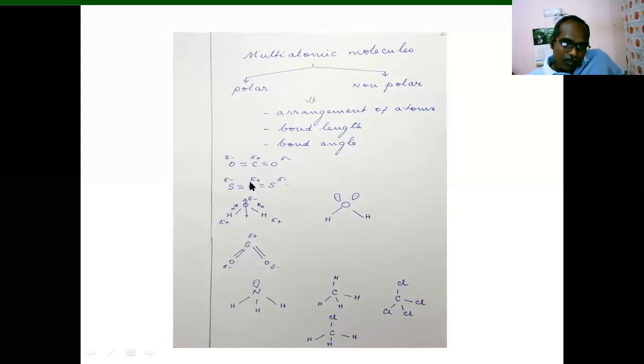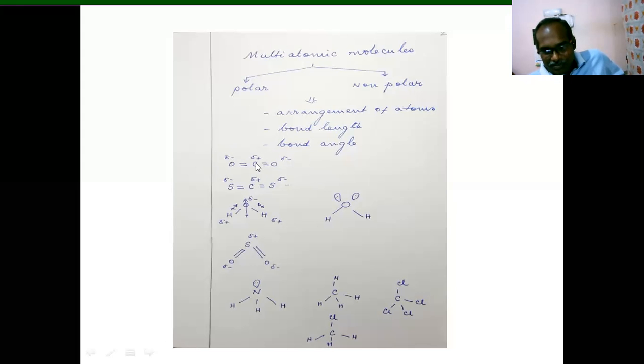The zero dipole moment of a carbon dioxide molecule can be explained in two different ways. Number one, one vector is pulling in this direction and the other vector is pulling in this direction. Therefore, the vectorial sum of the dipole moment becomes zero. And the second idea is that the center of the positive charge and the center of the negative charge fall on the same point.